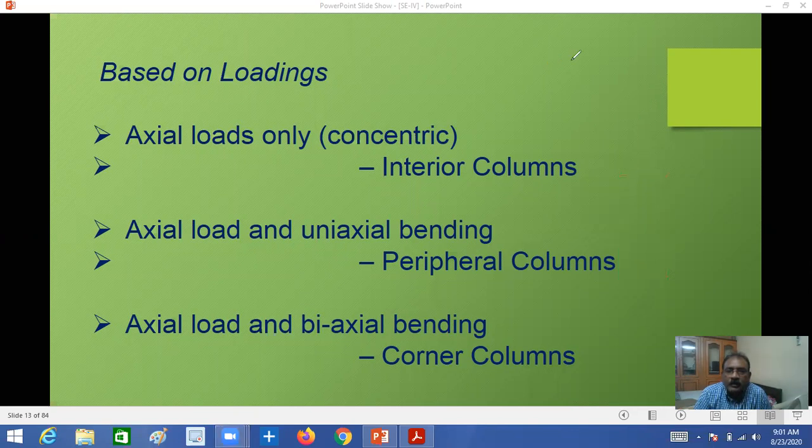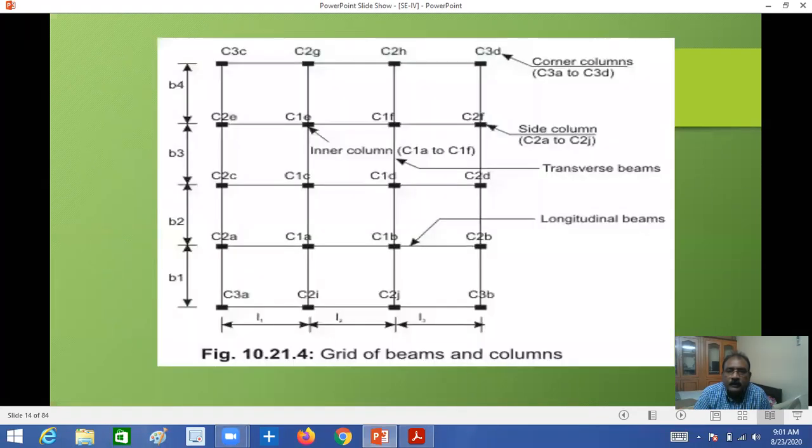I will show an example also. If you see this figure, suppose this is an interior column, this is also an interior column, and this one too.